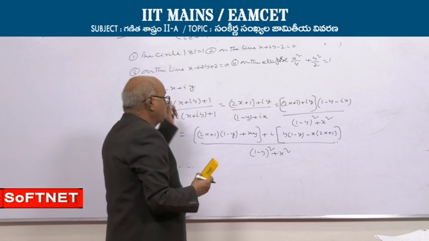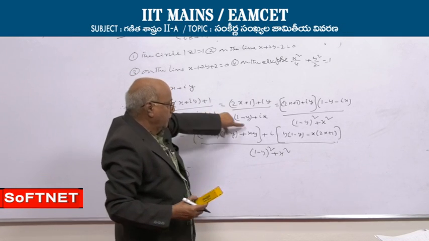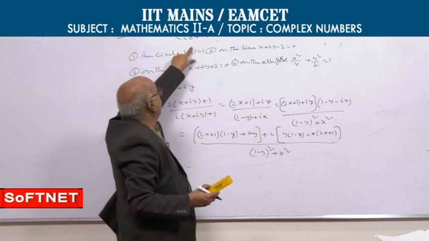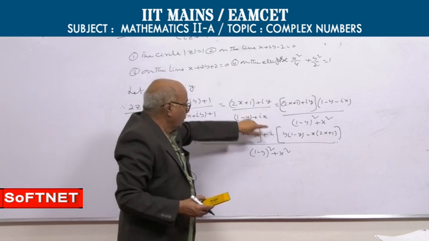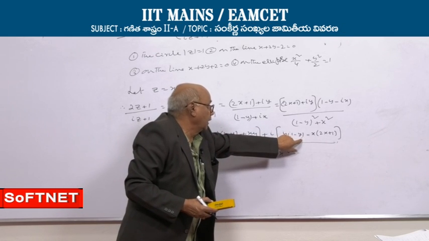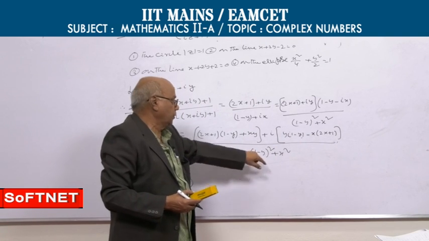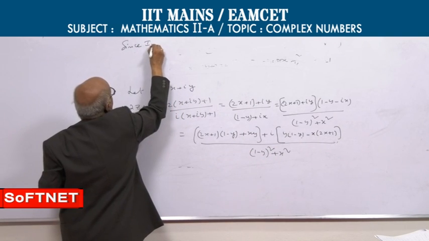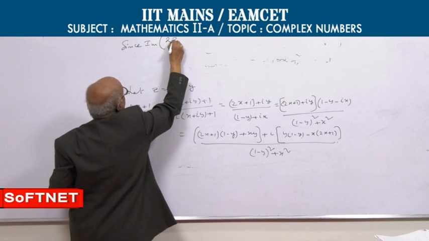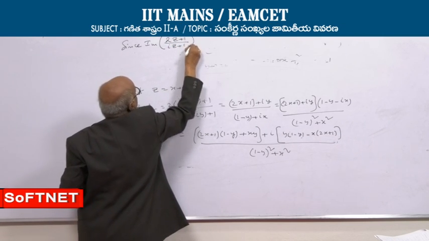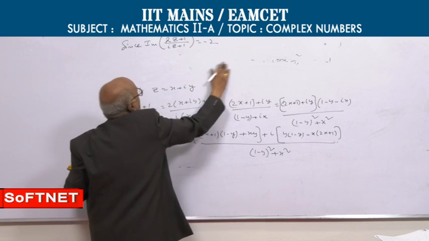Right. Now see, this is the real part and this is the imaginary part. But you are given that imaginary part of this is equal to minus 2. So therefore, y into 1 minus y minus x into 2x plus 1 by this is equal to minus 2.